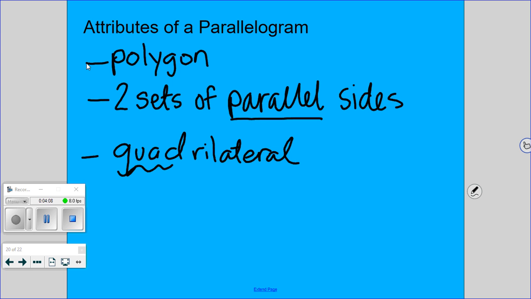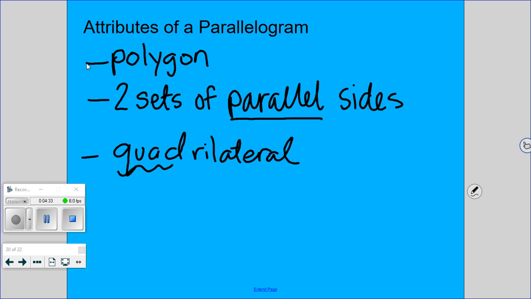So just to review, parallelogram. Can I call a parallelogram a polygon? Is that a correct name? Yes. Is it the best name? No, but it's still right.